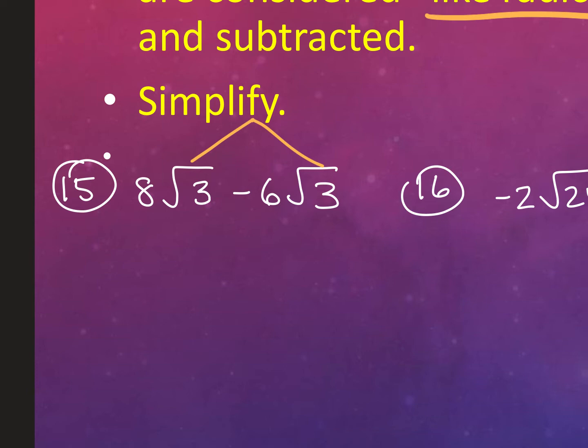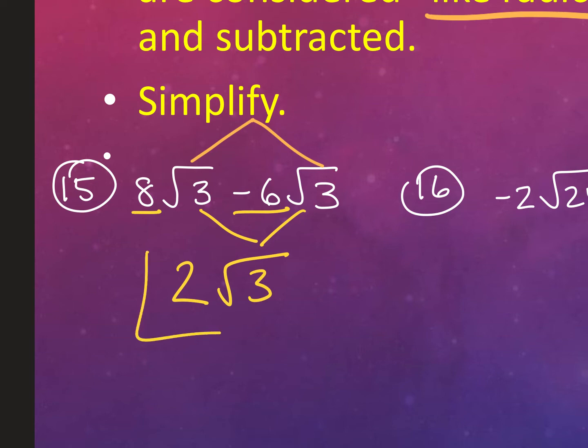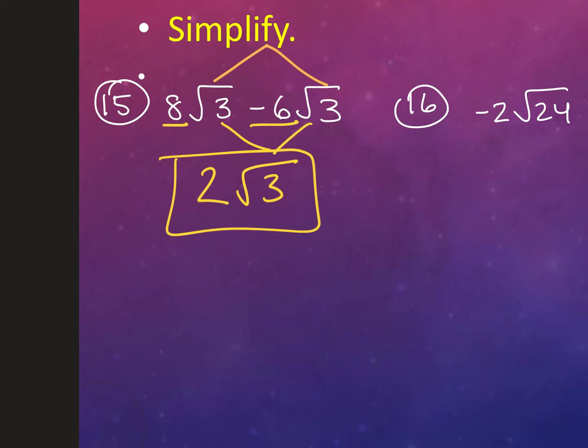So in subtracting, you just subtract the coefficients together. So what's 8 minus 6? 2. And then the radical stays the same. So our answer here is 2 square root 3. So we just add or subtract the coefficients together and the radical stays the same.